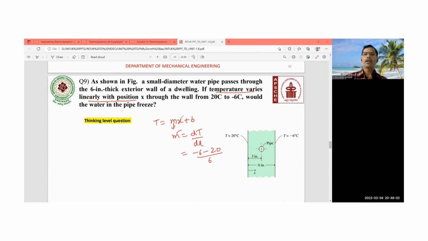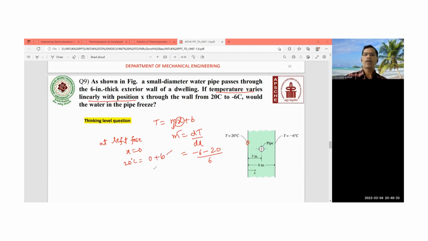Now at the left hand face, the temperature is 20 degrees centigrade, and x is equal to 0. So at the left face, x is equal to 0, and in that case the temperature 20 degrees centigrade is equal to m times 0 plus b.